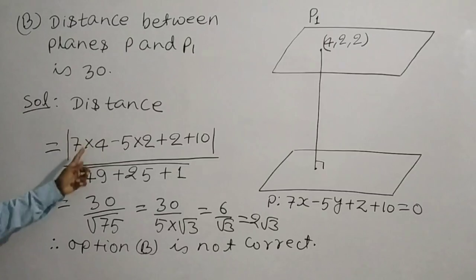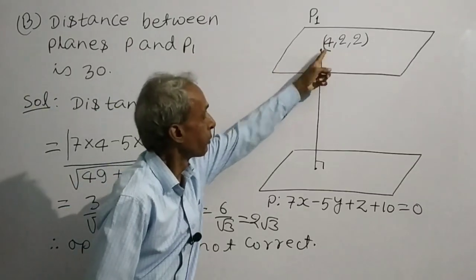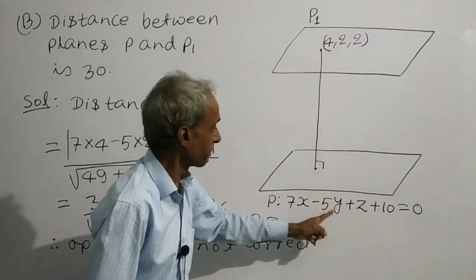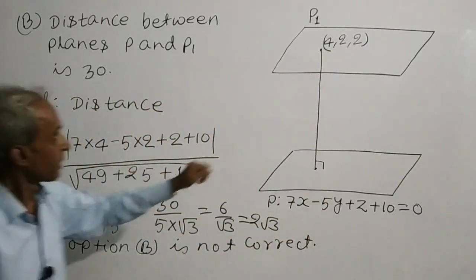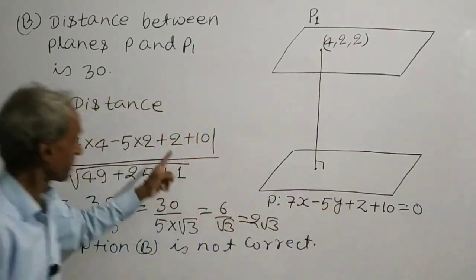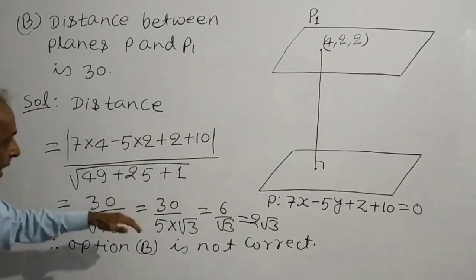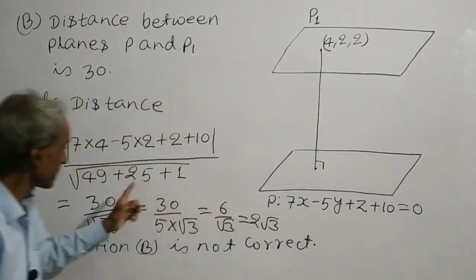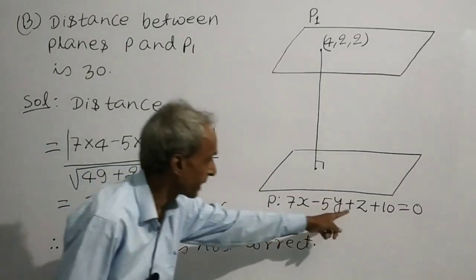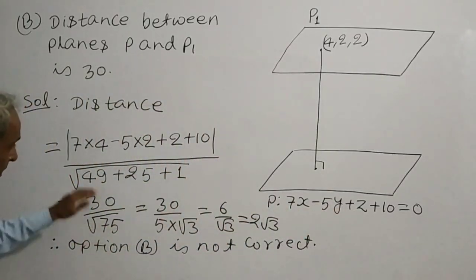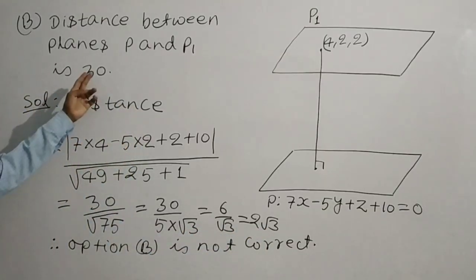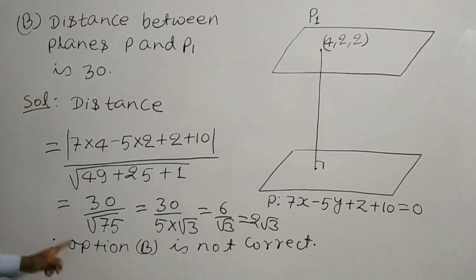That will be equal to 4 in place of x, 2 in place of y, 2 in place of z, mod, divided by root of 7 square plus minus 5 square, 25, plus 1 square, 1. This is equal to 2 root 3, which is not equal to 30. Therefore, option B is not correct.